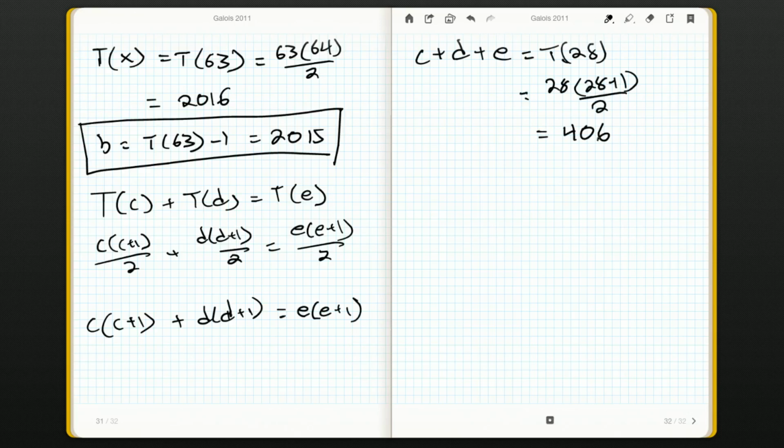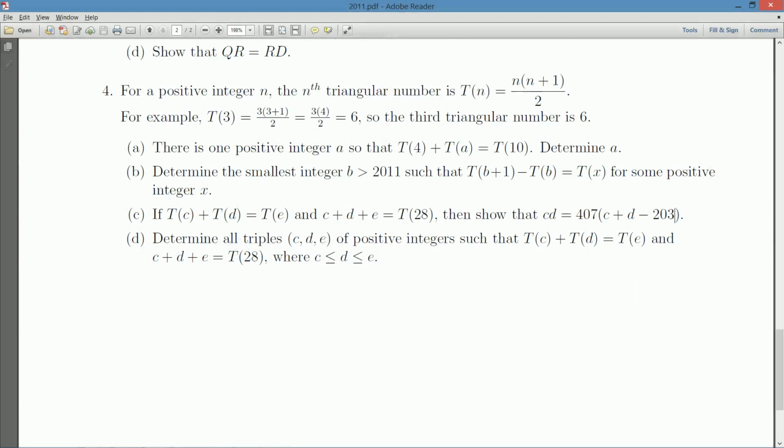And we were asked about 407 and 203. Okay. So, are we given any other information here? We know their sum is T of 28. Show that cd is 407 times (c plus d minus 203). Okay.